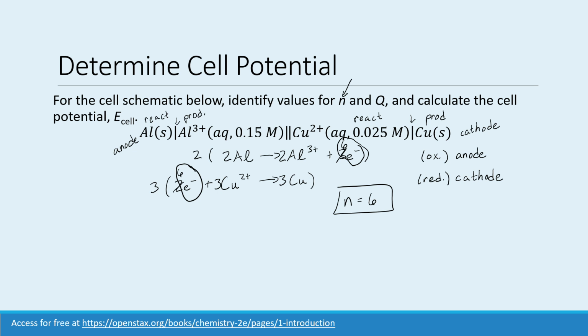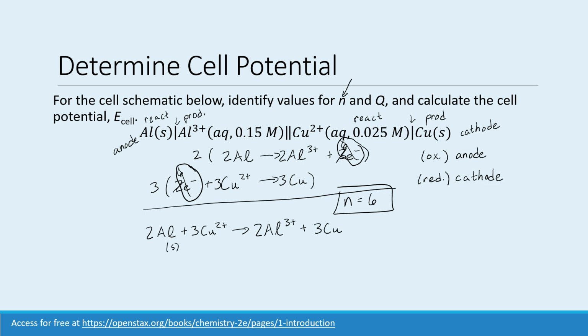Our next step is to find the reaction quotient. So we need to add the two reactions together in order to figure out the reaction quotient. And so the 6 electrons will cancel on either side, and we are left with 2 aluminum plus 3 copper 2+ ions yields the 2 aluminum ions plus 3 copper.